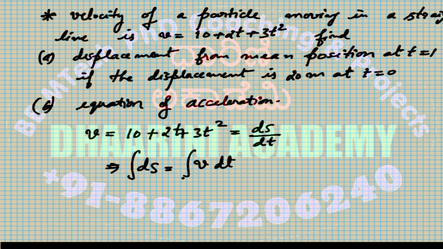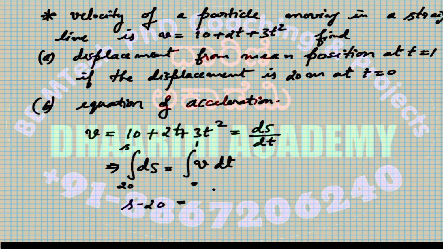Do the integration. At the time t equal to 0, this is given as 20, till it reaches a distance s. So this is how we do the integration, and the time is 0 to 1. These are the limits of integration. The left hand side integration gives you s minus 20.